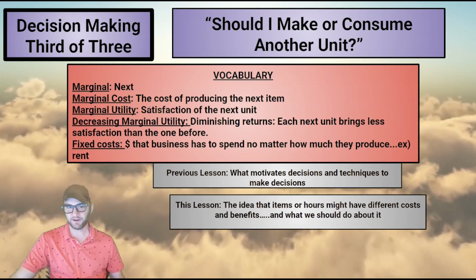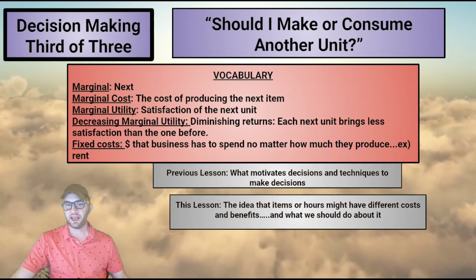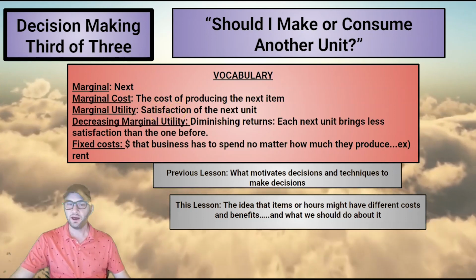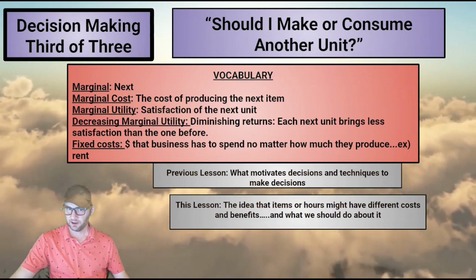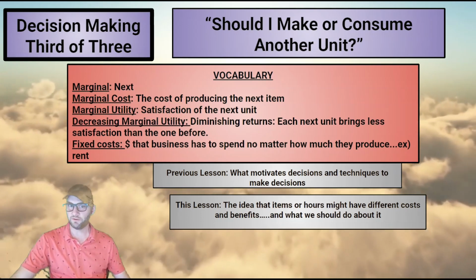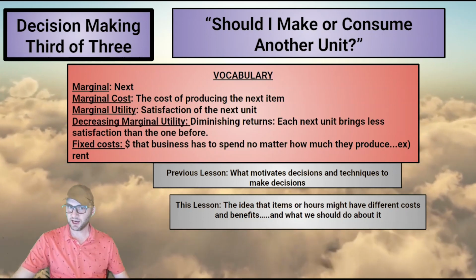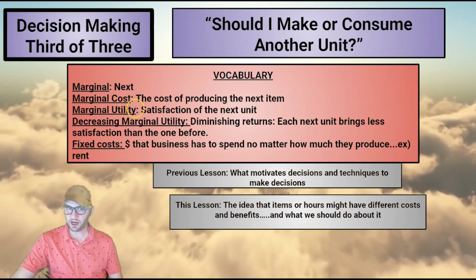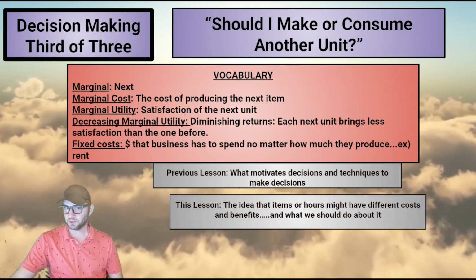What is the satisfaction I'm going to get from the next hour of producing something, or the next hour of consuming something, or the next piece of pizza? So that's a little foreshadowing there. Perhaps the value to you of your 10th piece of pizza is not exactly the same as the marginal utility you got from the second piece of pizza.